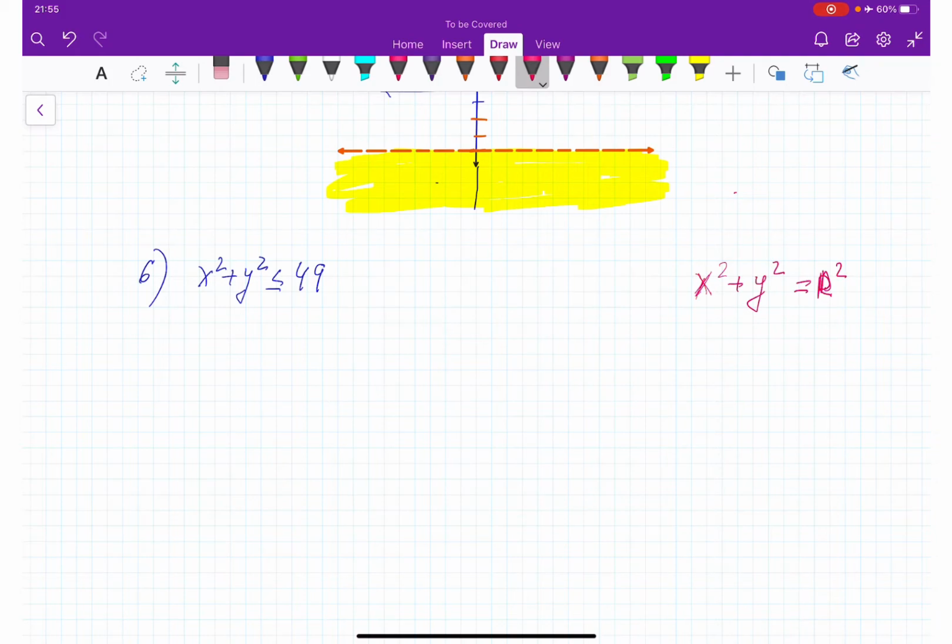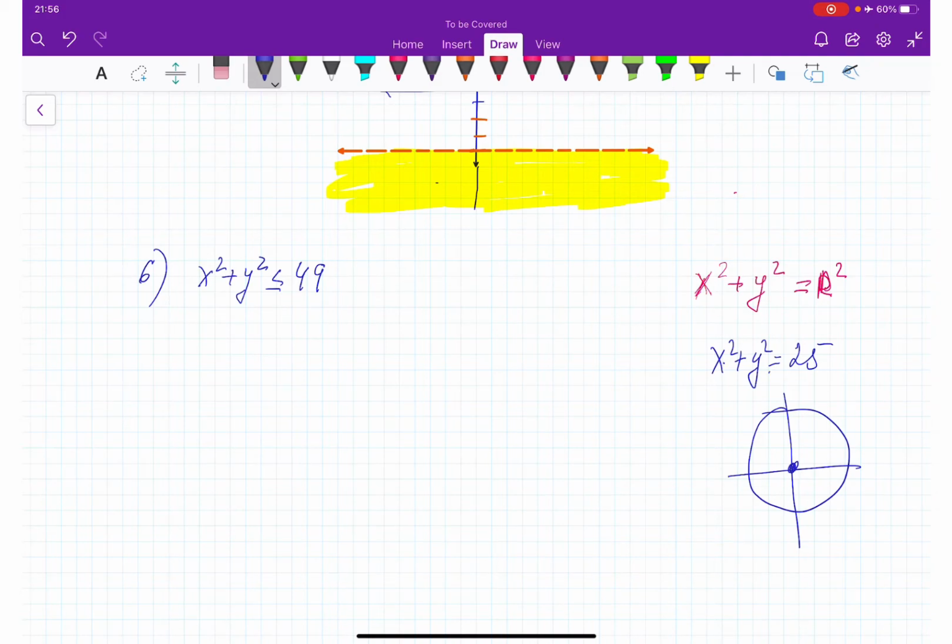This is the formula for a circle, where x and y is the center and r is the radius. All right? So if I have, for example, x squared plus y squared is equal to 25, that means the circle is going to go, first of all, center is going to be 0, 0, because x squared, y squared.